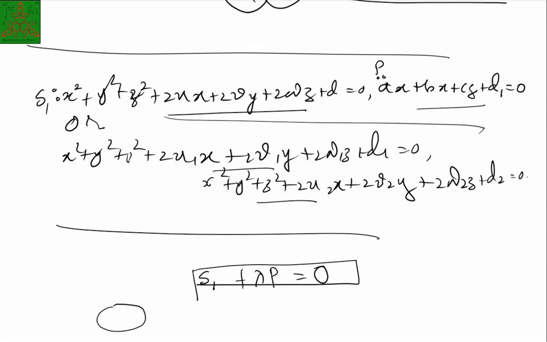Also, one more thing we should note: if I represent this as S1 and this as S2, and the intersection between S1 and S2 is a circle, then the sphere which passes through this circle can be written as L S1 plus M S2 equal to 0, where L square plus M square is not equal to 0.